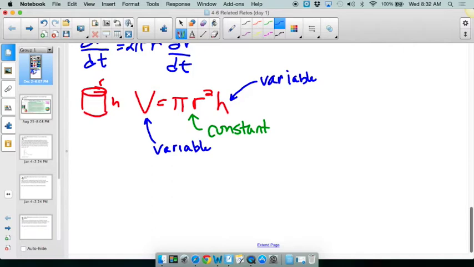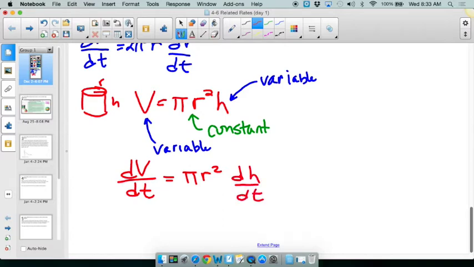The left-hand side usually ends up being simple Leibniz notation. All of the constants can be written down unchanged. So what am I going to write down next on the right-hand side? Pi r squared. And then what's the derivative of h? h prime. So I'm going to write that dh/dt.